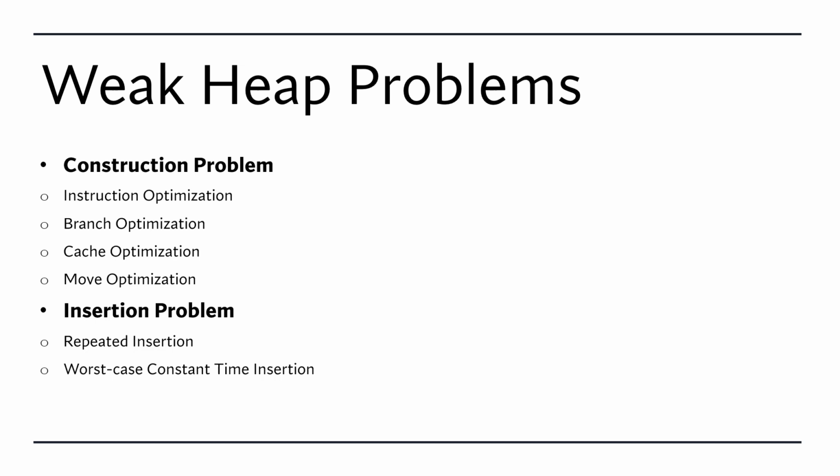Also, the insertion problem of standard weak heaps, the worst case of which is log n, can be improved in 2 ways: the repeated insertion and the worst case constant time insertion. We look at them in detail in the following slides.